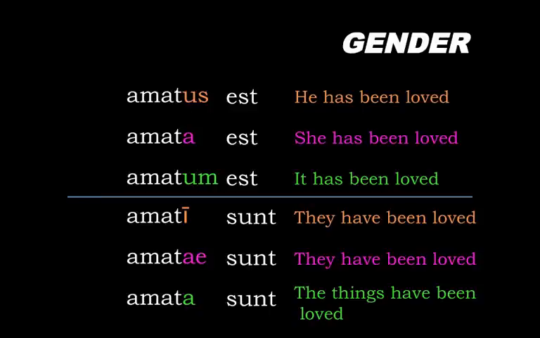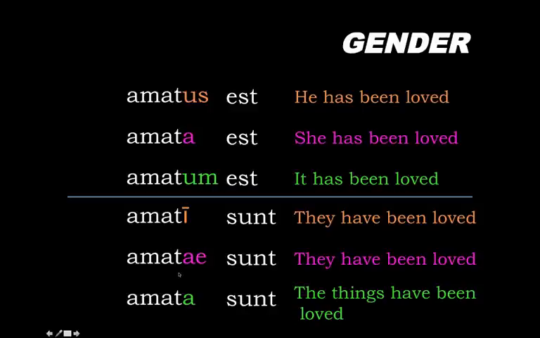But we also have to indicate the plurality of this. So instead of using est, which is singular, if I want to indicate they, I would change the est to sunt. Now, anytime I go into the plural, I'm going to have to also change the adjective's ending, that fourth principal part ending. So amatus is singular, but amati is plural, masculine.